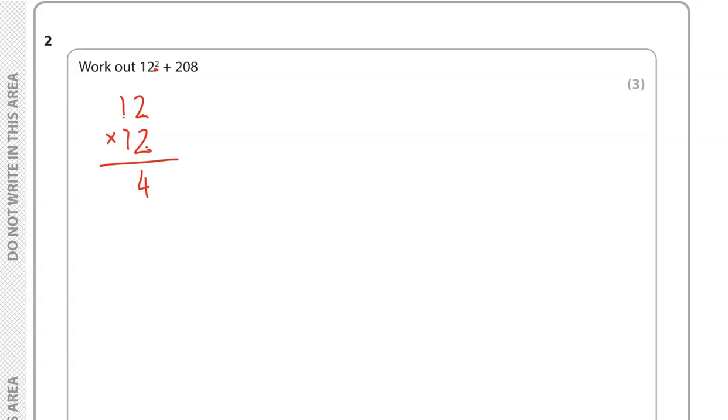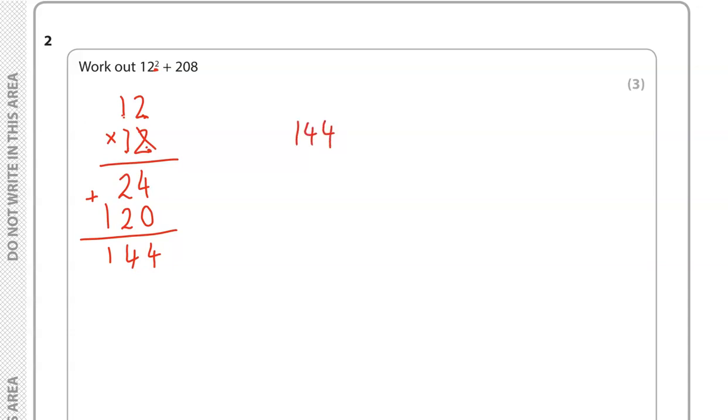Now 2 times 1 gives us 2. We finished with the units, so we're going to add a 0 down. Now we go 1 times 2, which is 2, and 1 times 1, which is 1. So adding these, 4 and 0 gives us 4, 2 and 2 gives us 4, and that's 1, so 144.